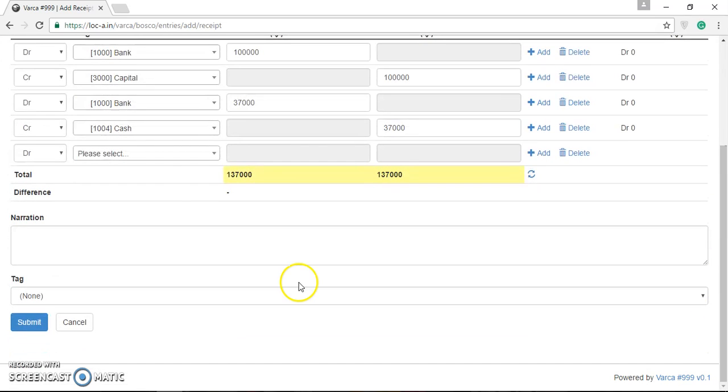Now we have narration. Let us say commenced business and deposited cash in hand, cash to bank.